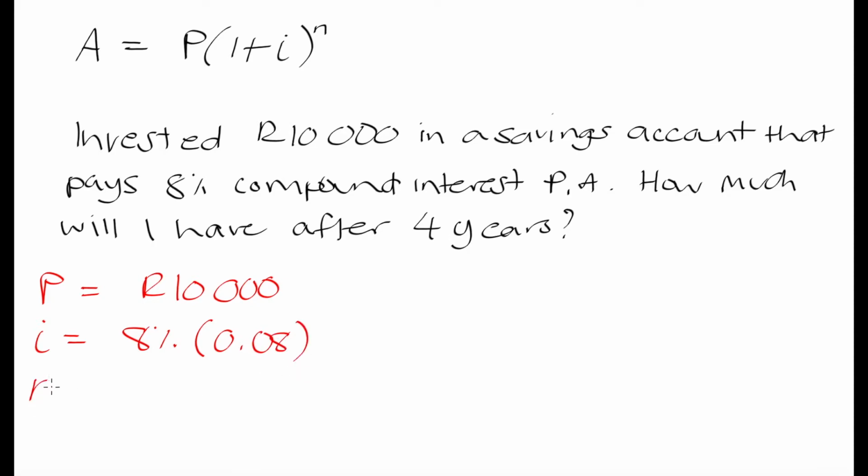We know that our n, our number of years, is 4 years. And our A is what we need to determine in this question. That is the amount that we will have accumulated after those 4 years, paying 8% per year compound interest on that initial principal.